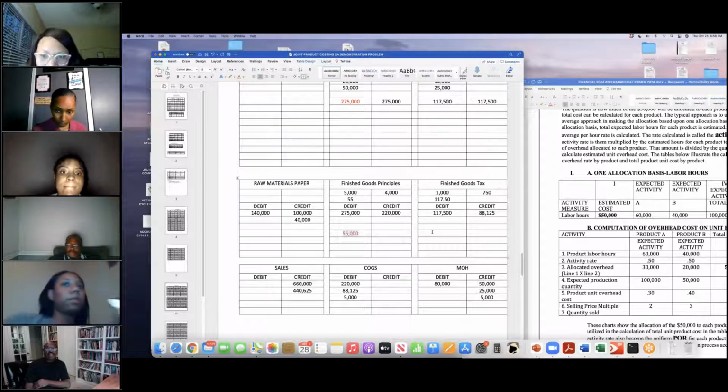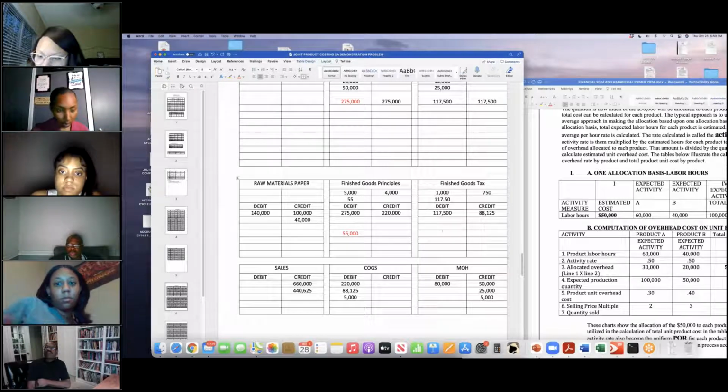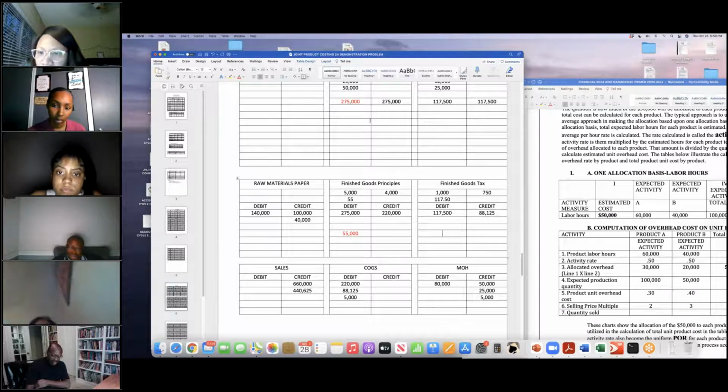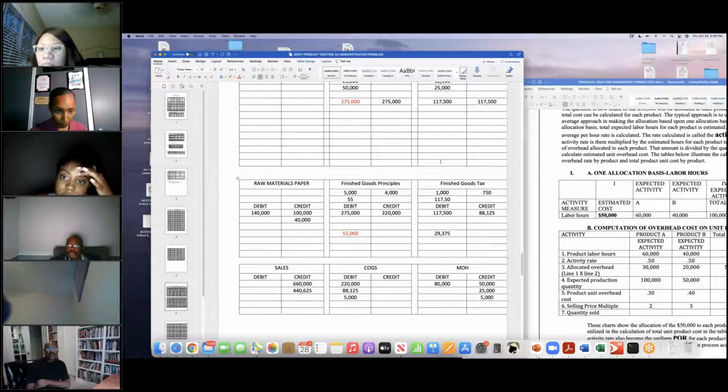And how much do we have left in finished goods for tax? That's 117,500 minus 88,125. How much is left? 29,375. Okay, 29,375.